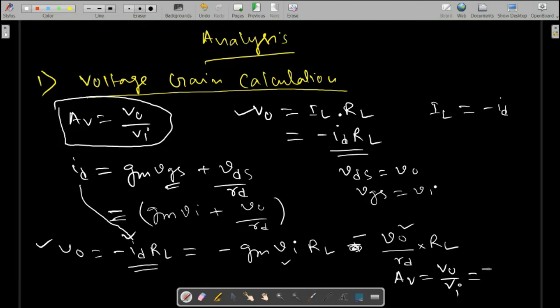Minus GM RL divided by 1 plus RL by RD. All of you are getting this.